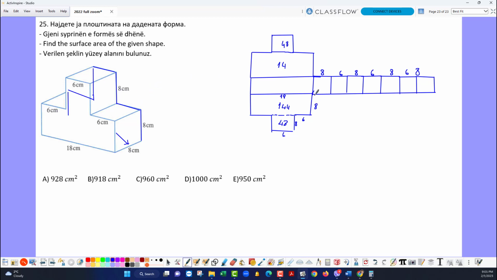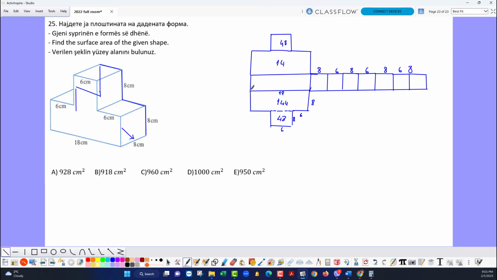And here, this part now. From this part we have 18 units. Let me change the color. This part is 18 in length here. If it starts from here to this part, it's going to be 6 plus 8, which is 14. 6 plus 8, 14, 14, 14, and 14. 14 plus 14 plus 14 makes 42, plus 8, 50.